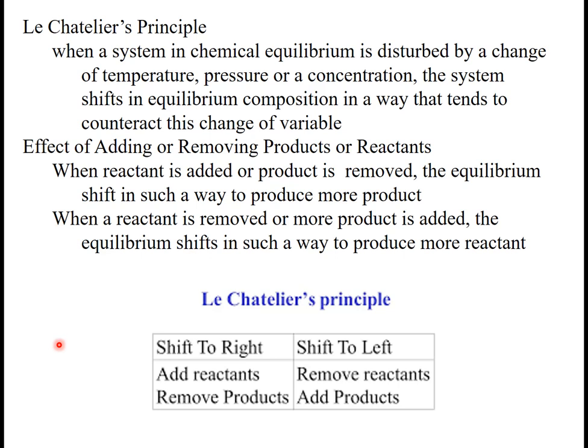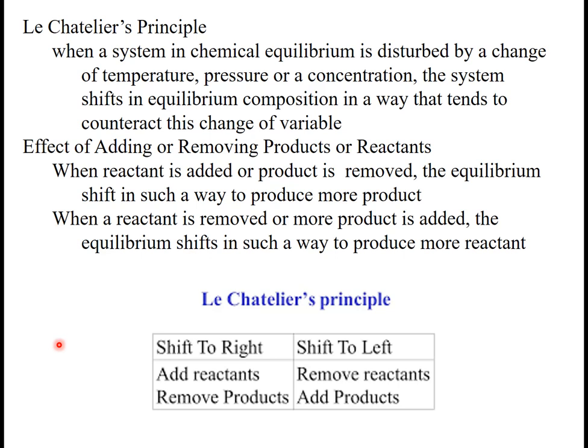When you're hot, you sweat because evaporation cools you down. So there's all types of examples of Le Chatelier's principle with the body, which is an easy example because everybody's experienced those. Well, chemistry also undergoes Le Chatelier's principle, and there's going to be three that we're going to be looking at. Adding and removing products and reactants, changing the temperature, and changing the pressure.